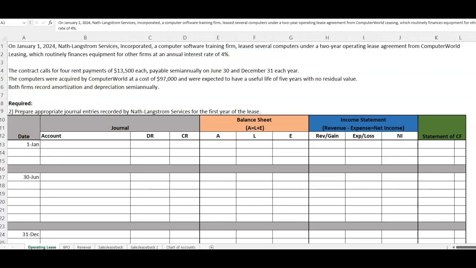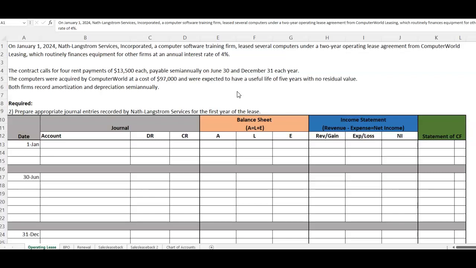All right, so step one, we need to look at this and say, is this a financing lease from the lessee standpoint? To do that, we need to ask our 5 questions. Does ownership transfer? The answer is no. There was absolutely no purchase option in here, so we don't even have to worry about that.